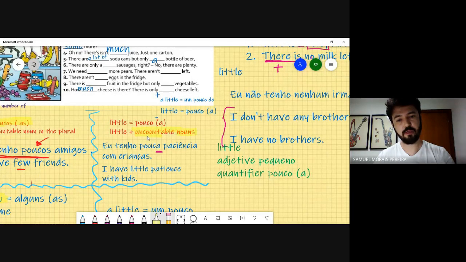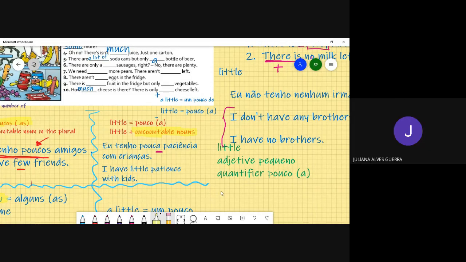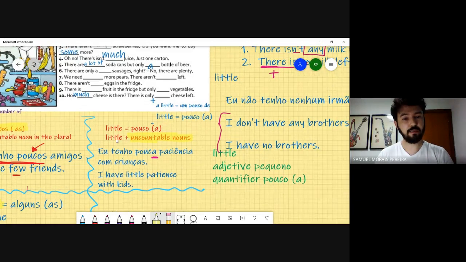Uncountable nouns. Take a look at the word bottle. Is the word bottle uncountable? A palavra garrafa é incontável? Eu posso ter one bottle, two bottles, three bottles. É countable. Yeah. The word bottle é countable. Então, eu não posso usar little com a palavra bottle no sentido de pouco, né?